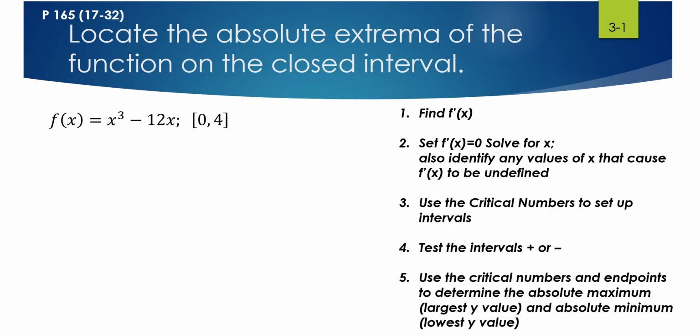You'll notice in this example that the first two steps are identical to the previous slide. So start by finding your derivative, and you get 3x squared minus 12. Again, it's a polynomial, so it doesn't go undefined, so we don't have to worry about that. And we just set it equal to 0.